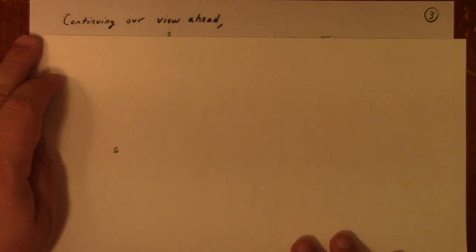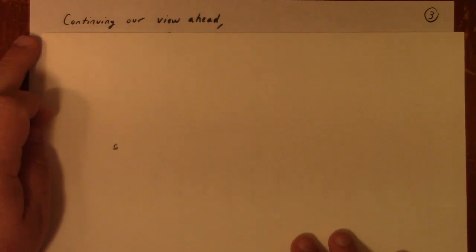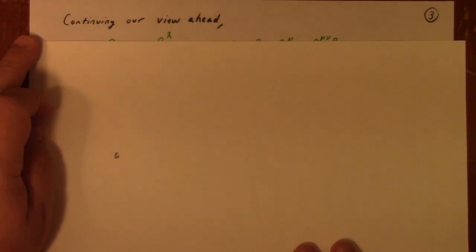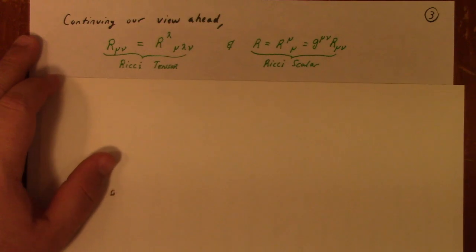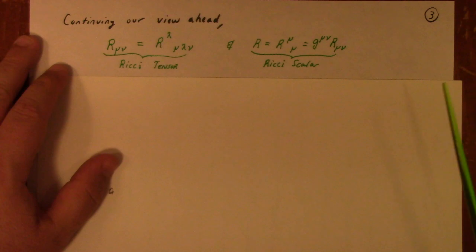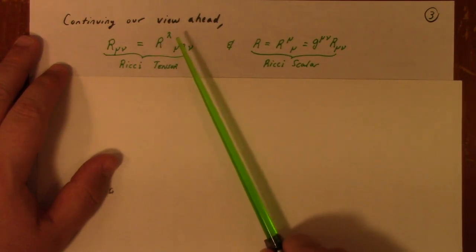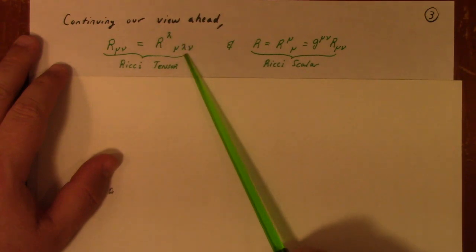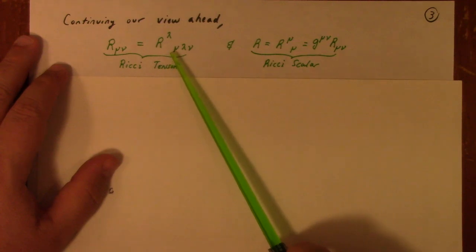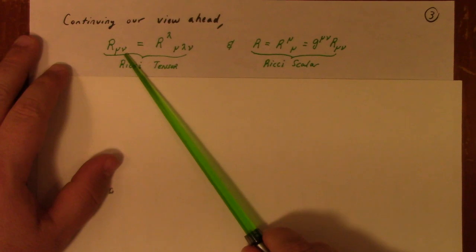And so here we're leaving Carroll's chapter 3. I'm actually going ahead to chapter 4 because I figured, as long as we're not deriving things, let's just give a view ahead to the end of the story here. The next thing you do past the curvature tensor is construct the Ricci tensor, where you take the Riemann tensor, which is a type 1 3 tensor, and you contract the upper index and the middle lower index like that, and that leaves you with a 0 2 tensor, R mu nu, which is of the same type as the metric, right?